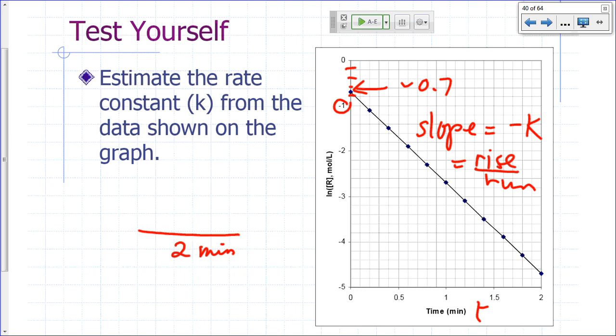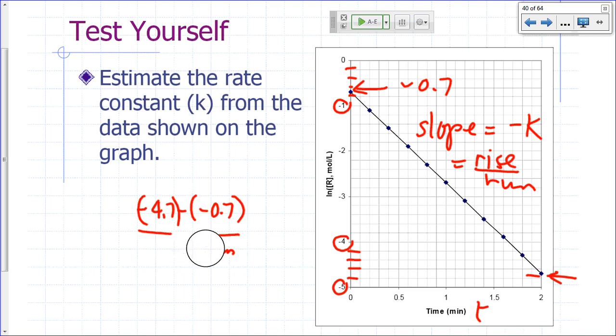And what is this number right here? This is negative 4, and that's negative 5. So 4.2, 4.4, 4.6, 4.8. So that's about negative 4.7, right? So negative 4.7 minus negative 0.7 divided by 2 minutes minus 0.